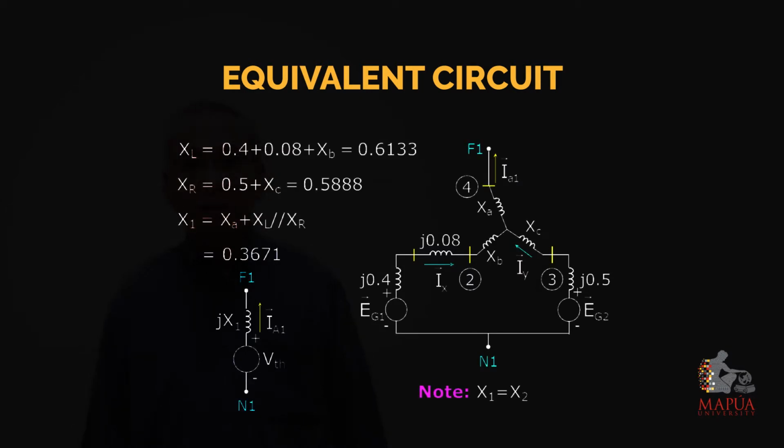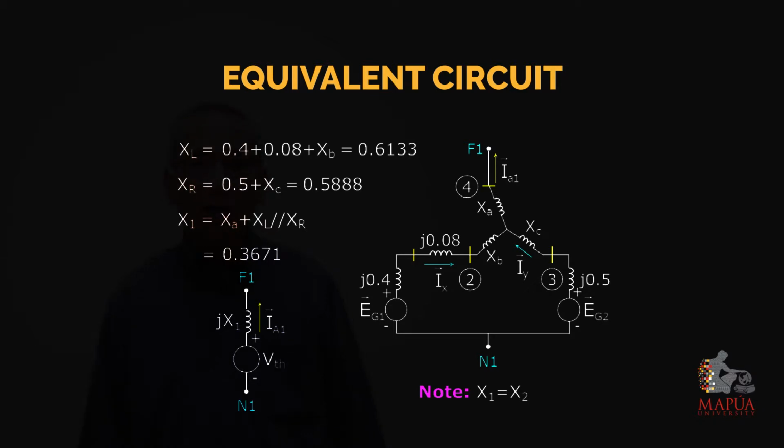Solving now for the left-hand side of the system, the reactance XL is equal to 0.4 plus 0.08 plus XB, equal to 0.6133. For the right-hand side, the reactance is equal to 0.5 plus XC, which is 0.5888.